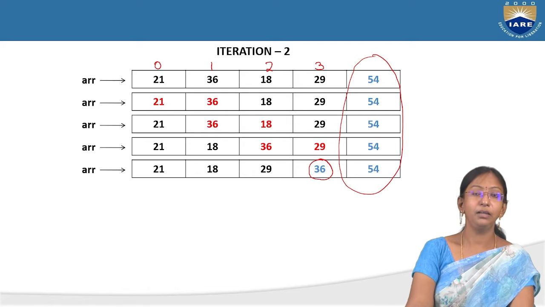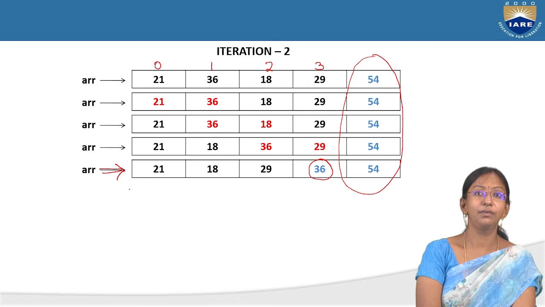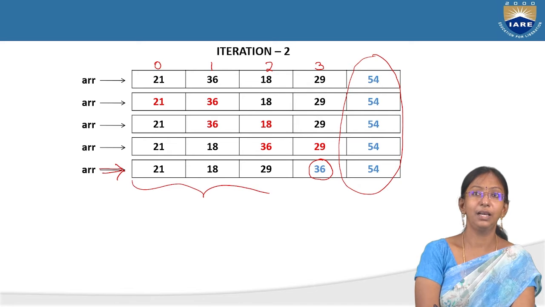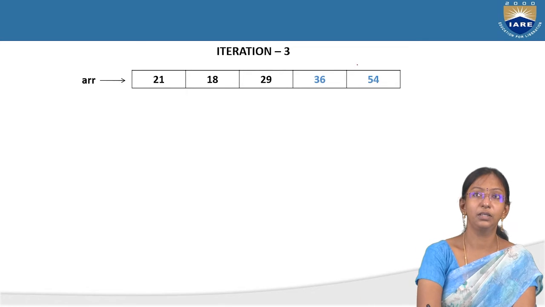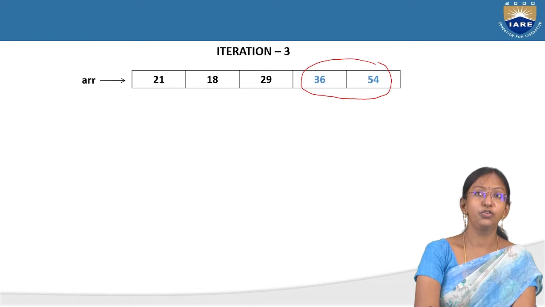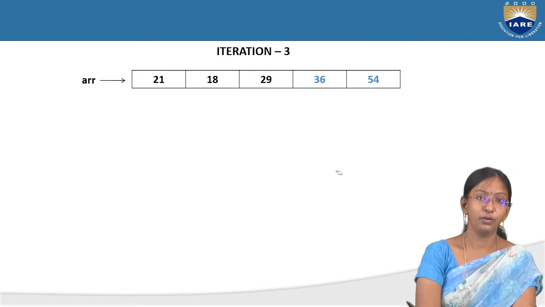So I'll start my third iteration with the last step of the second iteration, but I will run for only the leftover elements. Let's have a look at that one. I have converted the colors of the last two elements into blue just to specify that these two values are frozen and we are not going to touch them.